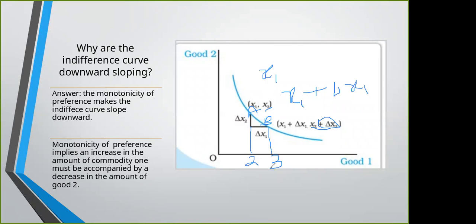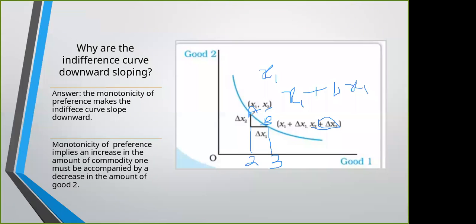But by definition, an indifference curve says that we have to get the same level of satisfaction from all the combinations along the same indifference curve. But here we are getting more satisfaction when we move from combination A to combination B. Because of this positive addition in the utility, we have to have negative utility, so that we get back to our original utility position.